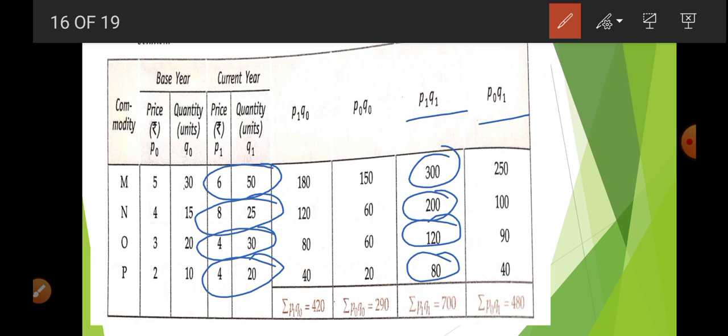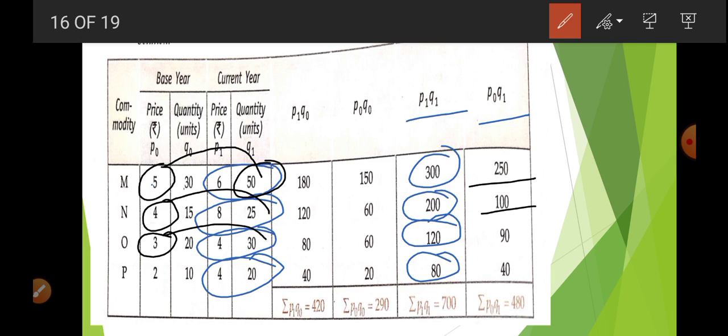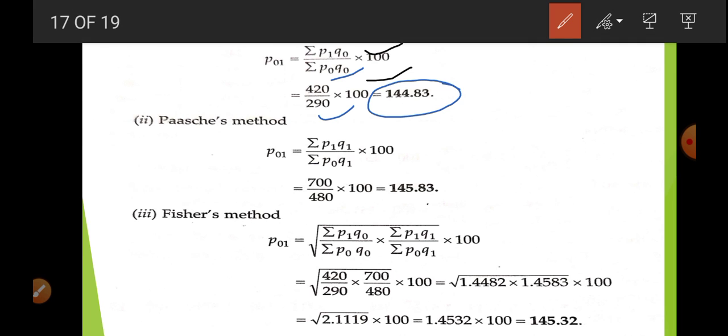Now P0 Q1: 5 multiply 50 is 250, 4 multiplied by 25 is 100, 3 multiplied by 30 is 90, 2 multiplied by 20 is 40. Now we add it, so we get 700, and by adding P0 Q1 we get 480. Now we put the value. When we divide we get 145.83. It means there is an increase in the price equal to 45.83.